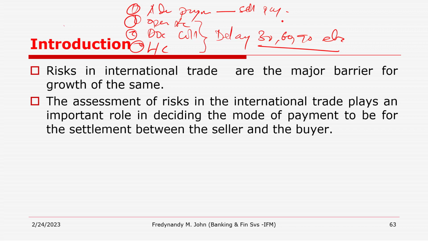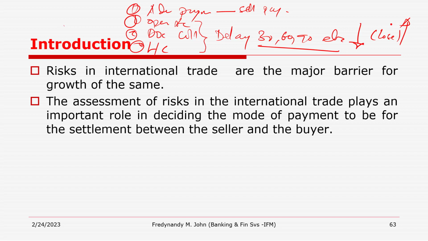That is to say, if for some reason the exporter's currency declines in value, then the exporter will lose some money. However, if the exporter's domestic currency appreciates in value, then the exporter will win.